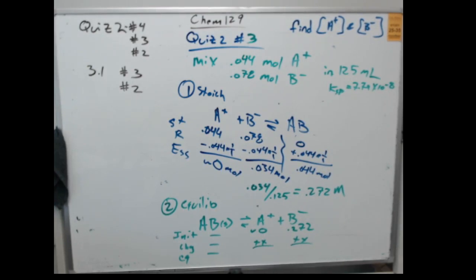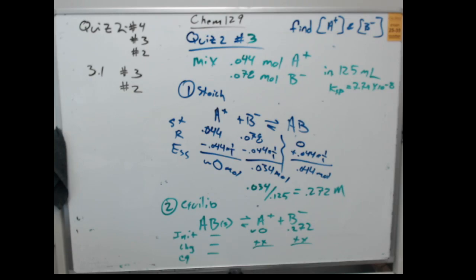Whenever I have a 0 on the product side, my reaction quotient is always 0, which means it will always be smaller than my equilibrium constant, which means I'm not at equilibrium. I need to shift at least a little bit towards products to get back to equilibrium.